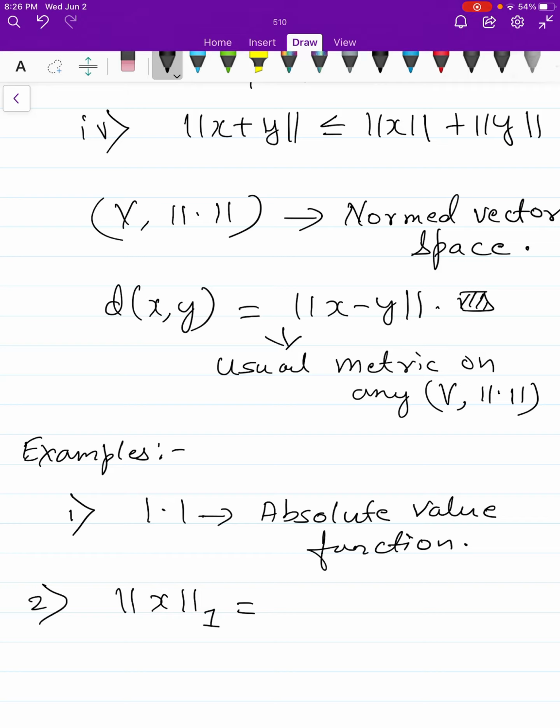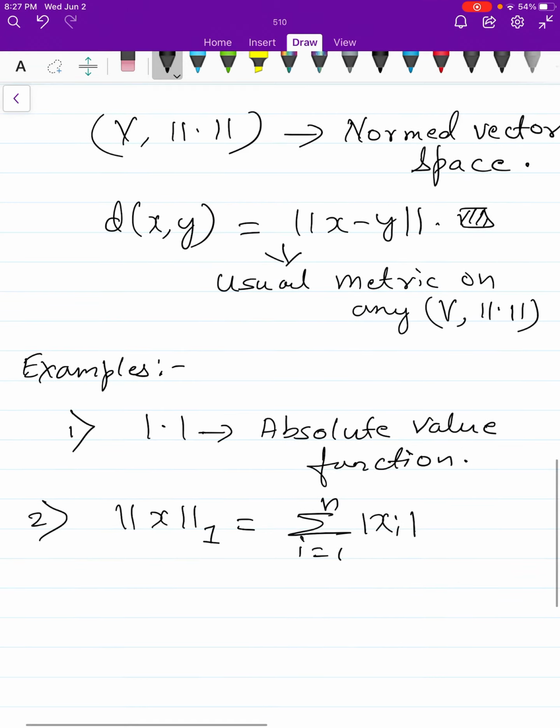So if it is R2, R3 or any more than one dimensional space, you definitely use a norm. Okay, so what is a one norm? One norm would be the distance of the point from the origin, which is defined as the summation from i equal to 1 to n of the absolute value of xi.